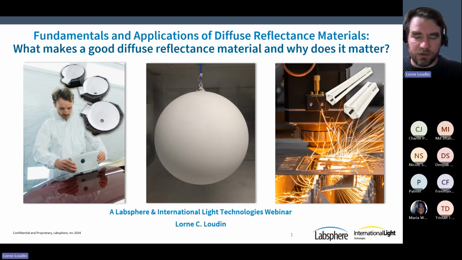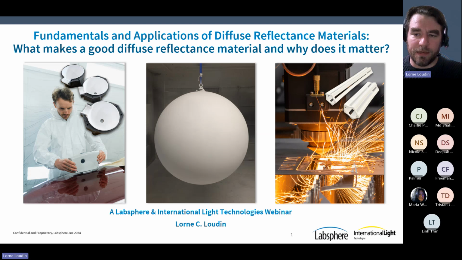And there will be a follow-up. We will host another webinar in February, specifically on laser cavities and laser power measurement. And then we will have another webinar in March focusing on spectroscopy applications related to diffuse reflectance materials. I will touch on those briefly today, but only at a superficial level.